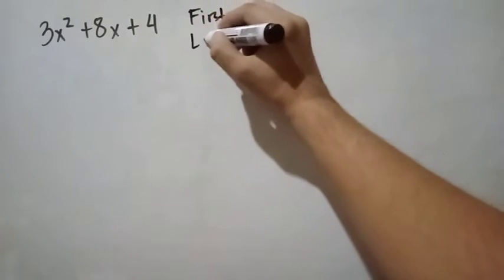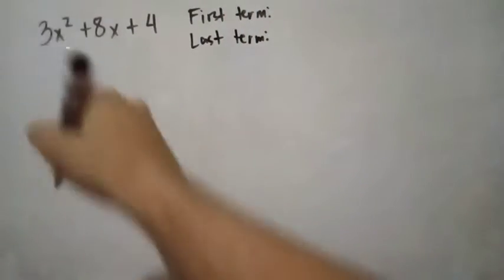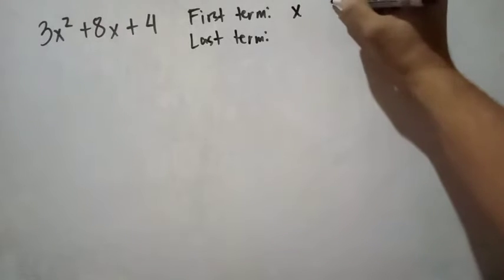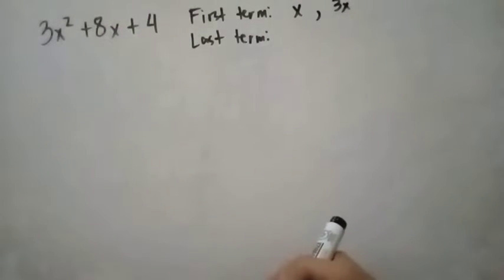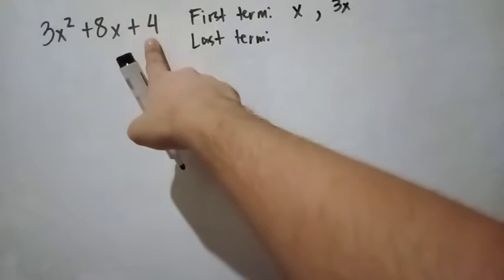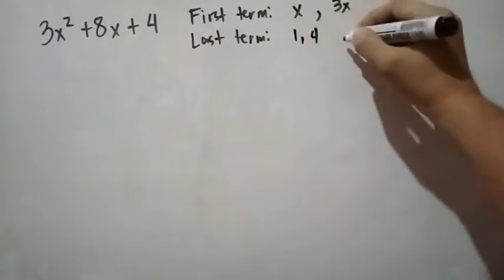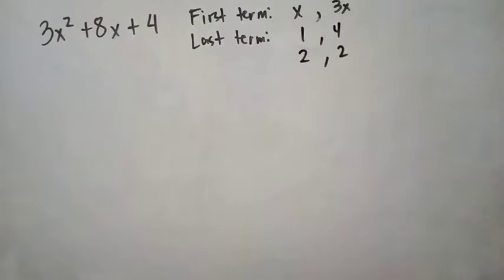Tapos last term. So sa first term, ang factors ng 3x² ay x and 3x. Ayan. Yan lang naman, 1 and 3 lang naman, wala nang iba. Pero sa 4 naman, ang factors ng 4 ay 1 and 4, and then tapos 2 and 2. Ayan, these are the factors of first and last terms.